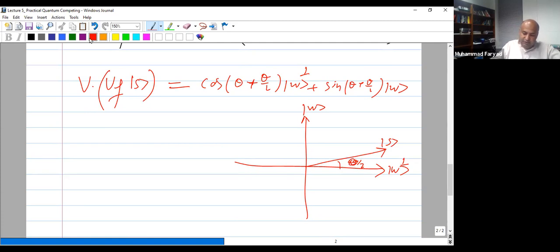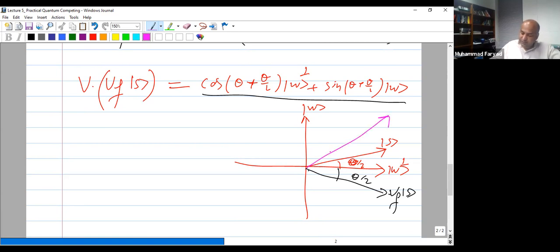Then when we applied the UF operator on S, we flipped it around this axis, so the angle became this and the state came here. Now, after applying this V part, we see that this state has gone to this state such that this whole angle is now theta plus theta by 2. So it means that this angle is just theta. So this is after applying V and UF on S.